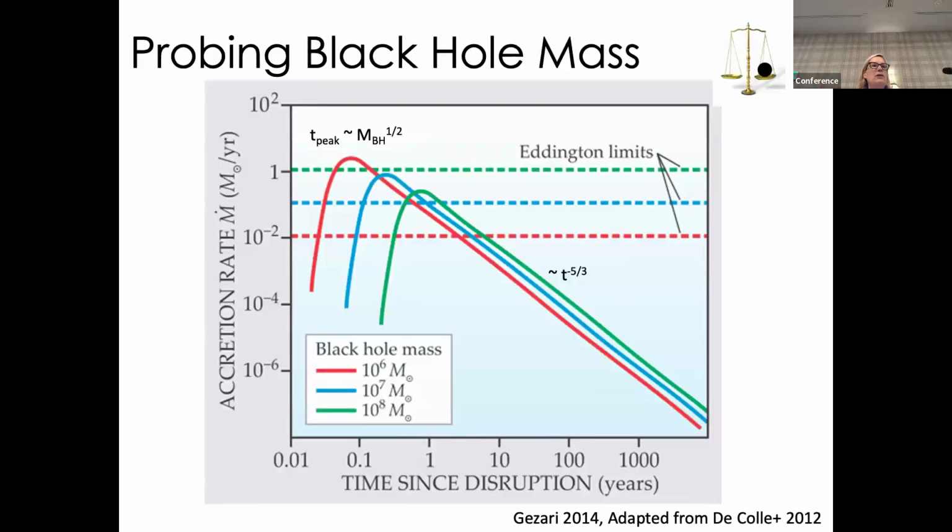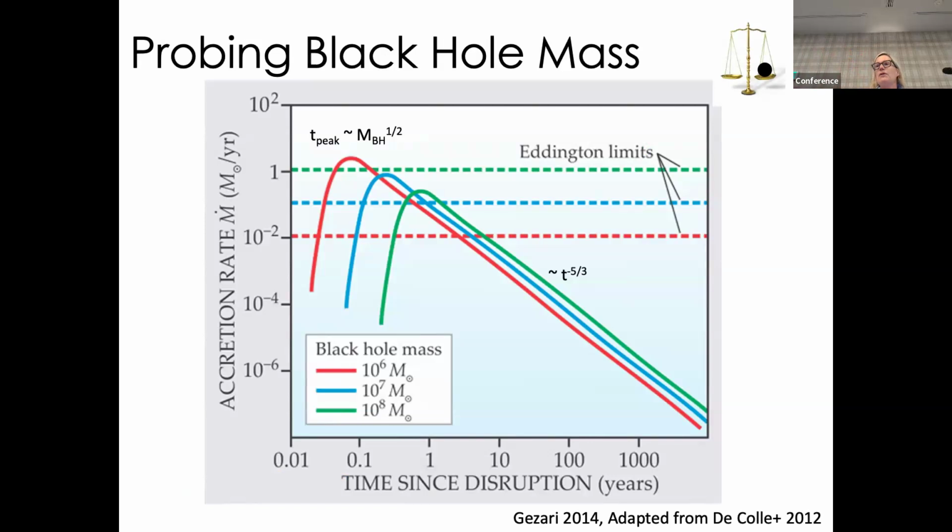Numerical simulations of this fallback process predict a very well-behaved t^(-5/3) power law decline, as well as a tight relationship between the time at which the mass accretion rate peaks and the black hole mass. This should scale as the black hole mass to the 1/2 power.